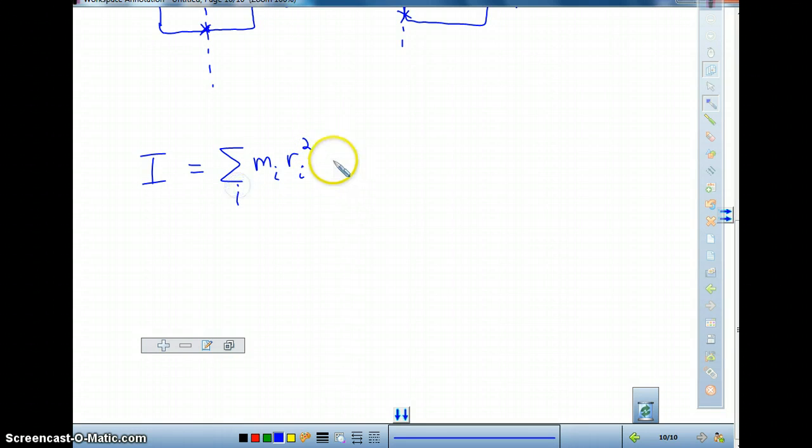This is considered for a point mass, which we'll discuss more in class. What that really means is just summing up the total number of masses and their moments of inertia. m r squared is the generic term for a point mass. Again, we'll discuss that more in class.